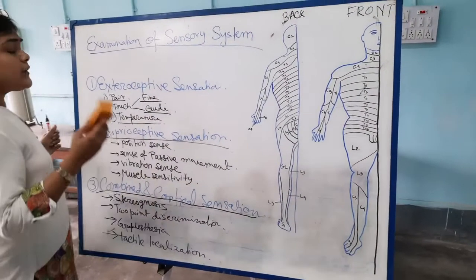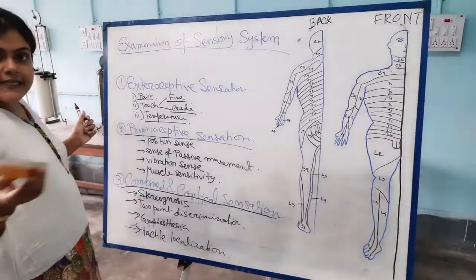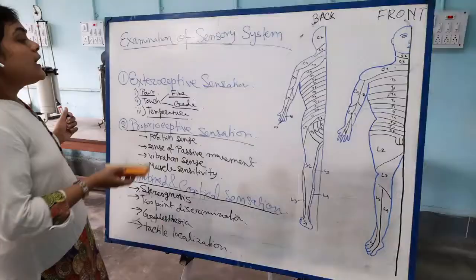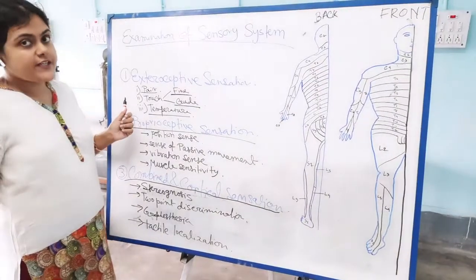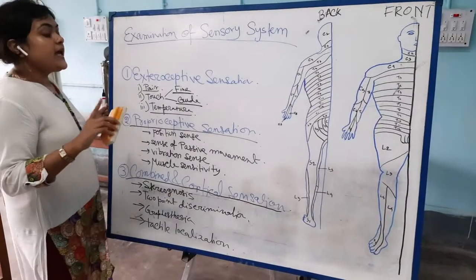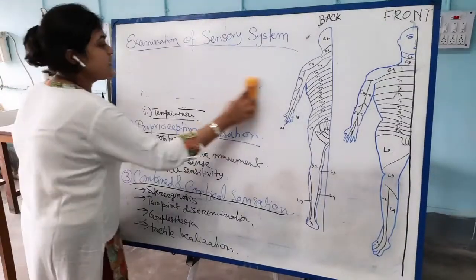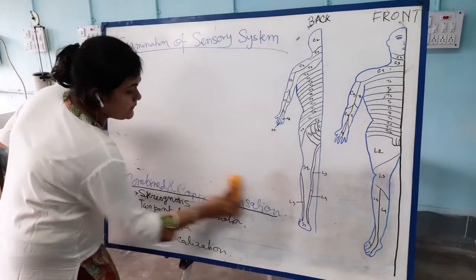So we already know about the main two sensory pathways. One is ALS or anterolateral system, and anterior spinothalamic tract and lateral spinothalamic tract come under that group. And there is DCP or dorsal column pathway. You already know about these two pathways. Just a quick recapitulation.